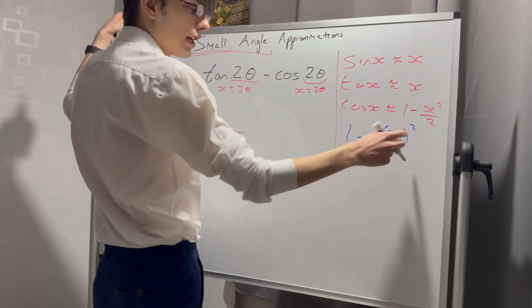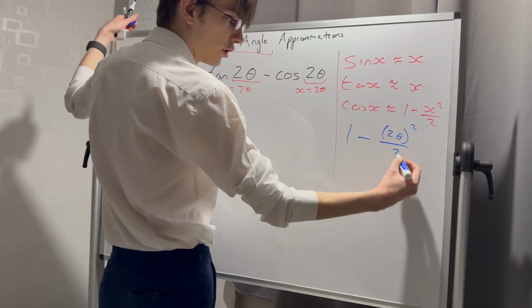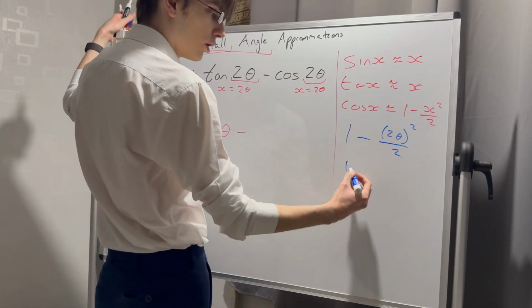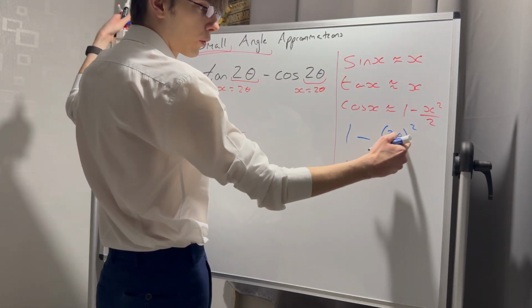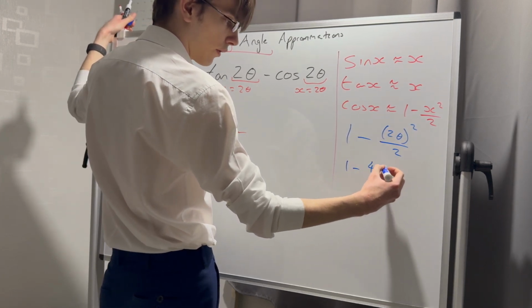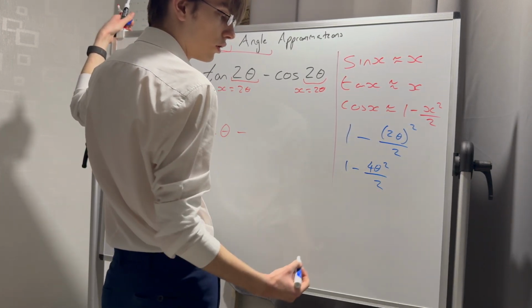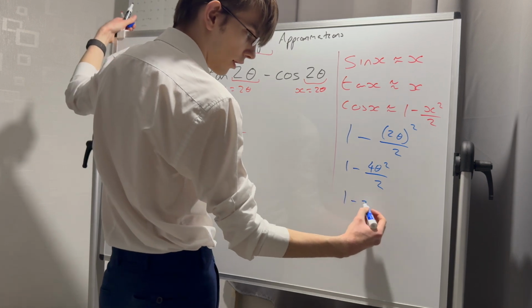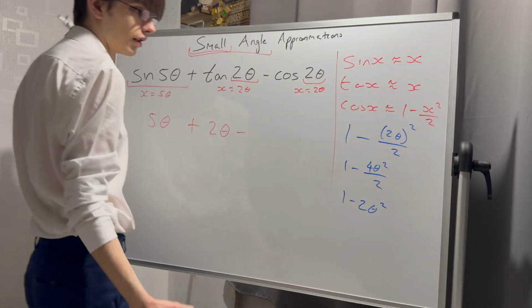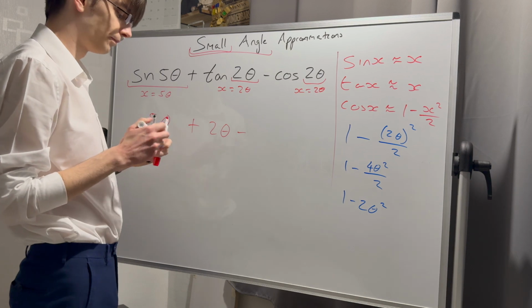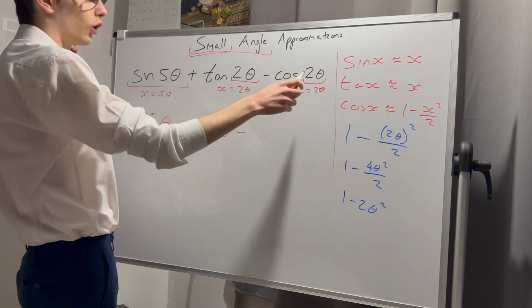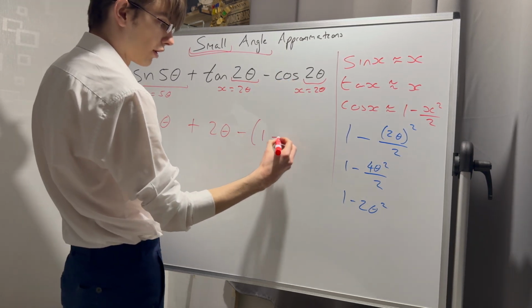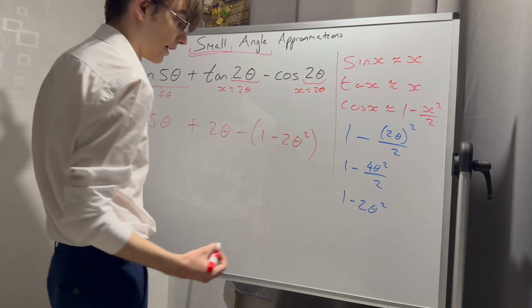Don't forget the squared goes outside all of it, including the 2 over 2, which is 1 minus 2 squared theta squared, so 4 theta squared over 2, or 1 minus 2 theta squared, cancelling a 2. So my cos of 2 theta is 1 minus 2 theta squared.